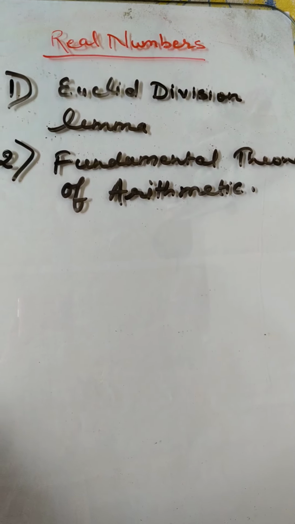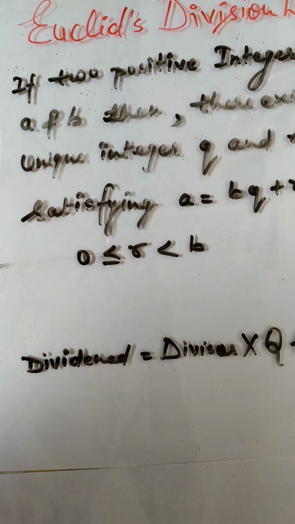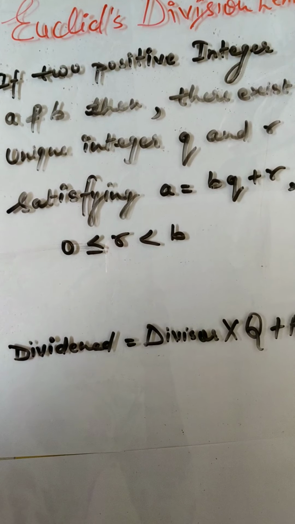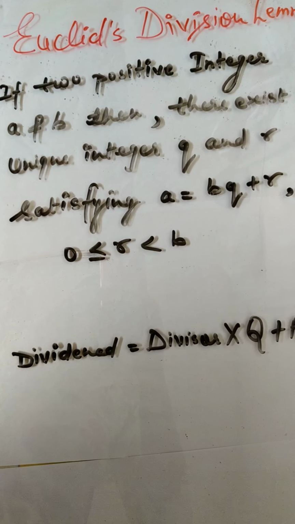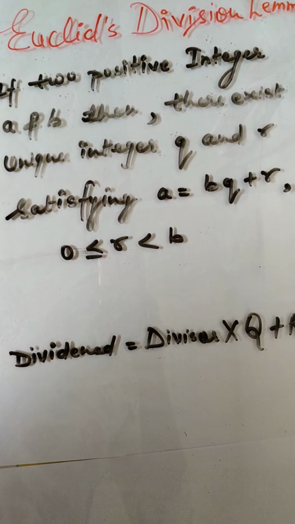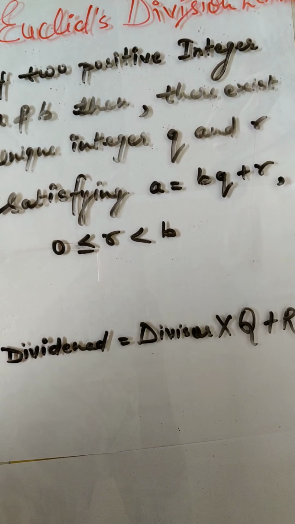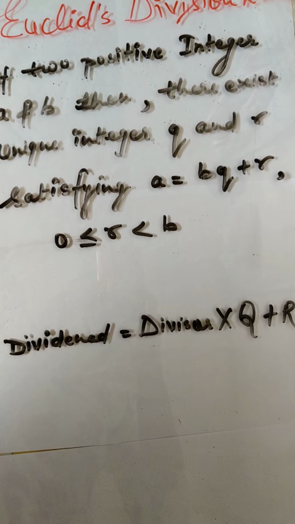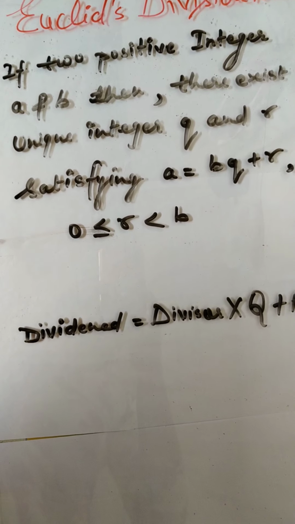First we start with Euclid's division lemma. If there are two positive integers a and b, then there exist two unique integers q and r satisfying the property a equals bq plus r, where r is greater than or equal to 0 and less than b.